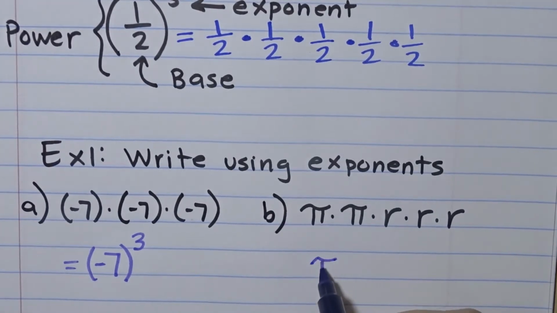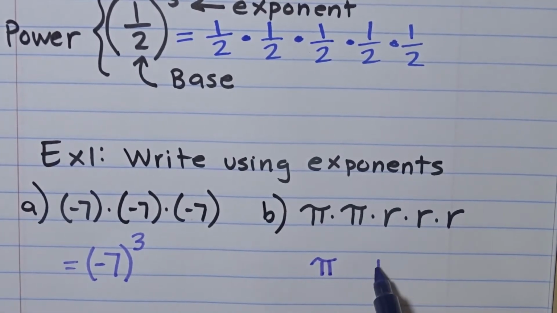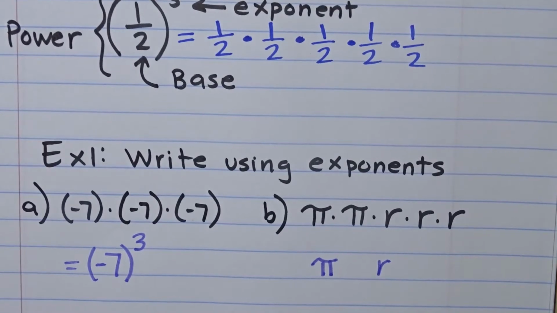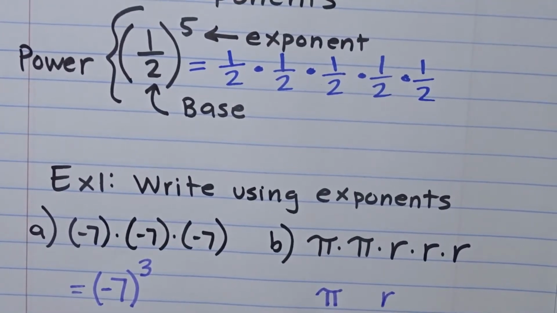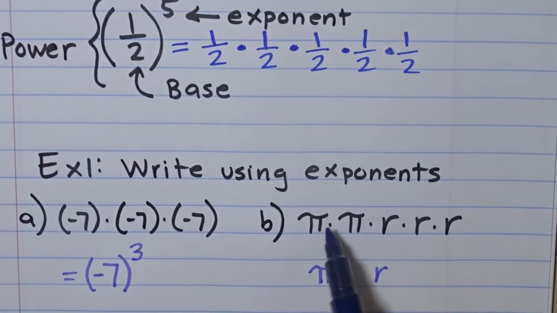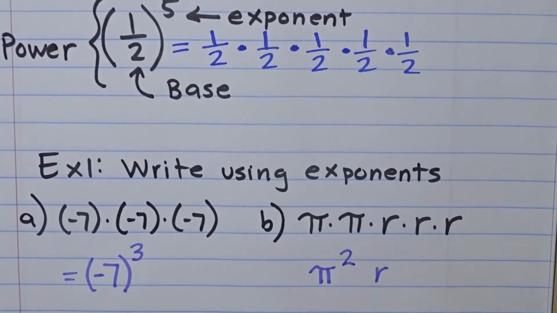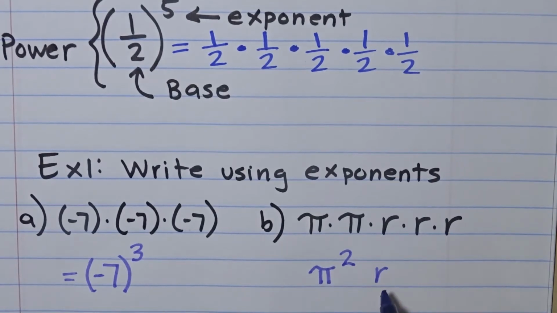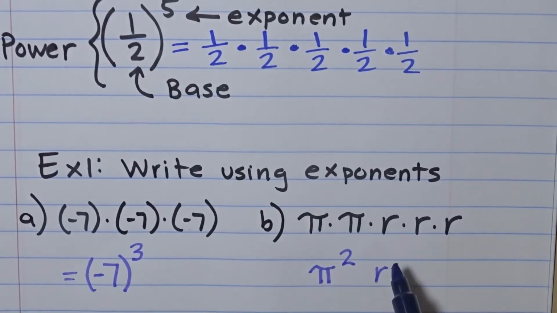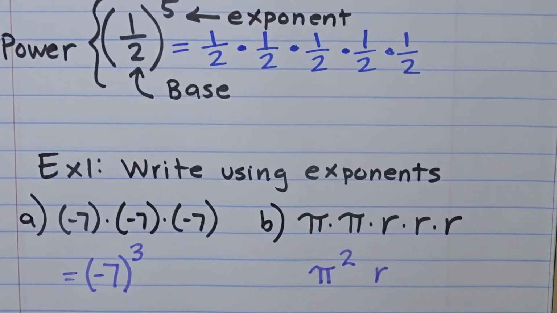So we're going to have pi, and we're going to have r. Now the base would be pi. How many times am I multiplying pi? I'm multiplying it twice, so it's pi to the 2nd power. And now I have another base of r, and I can see that it's being multiplied by itself 3 times.